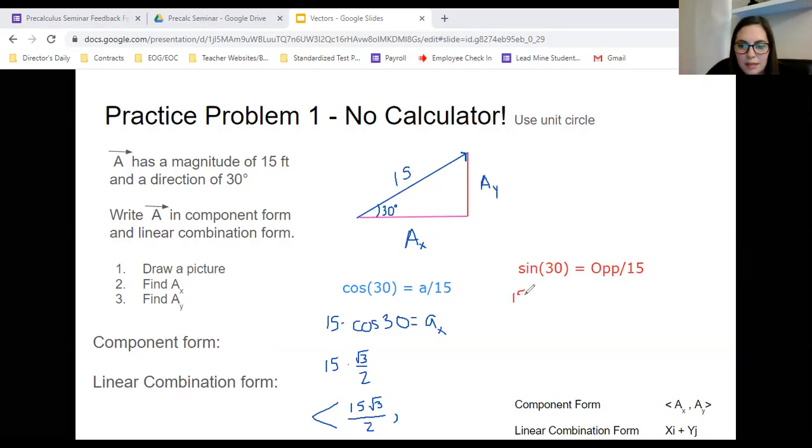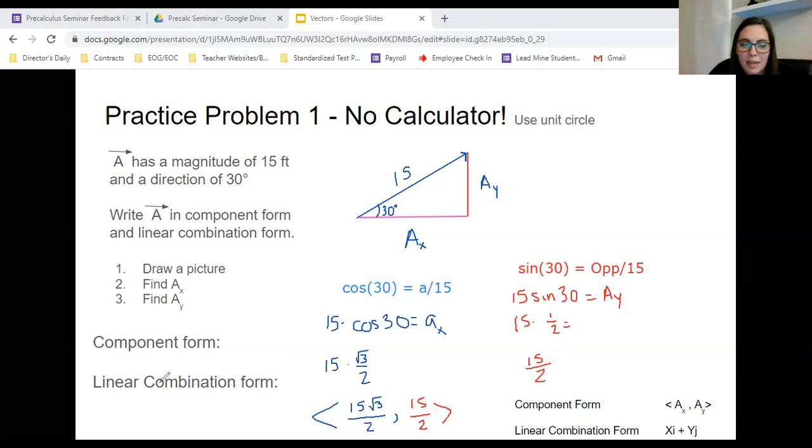I'm going to say 15 sine 30 equals my opposite, which is my y component of my vector A. The sine of 30 is 1/2. So I'm going to get 15 over 2. So that's in component form.